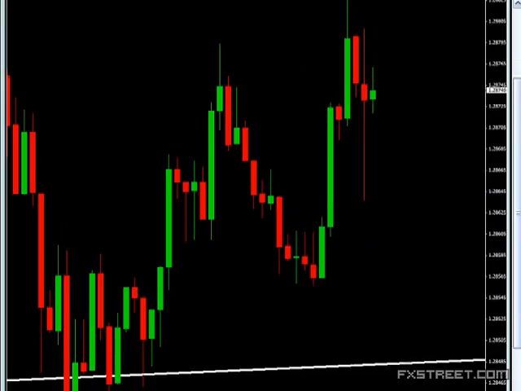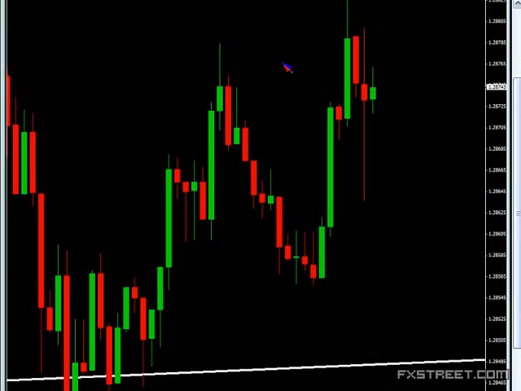Now, if it was only the euro dollar chart, if we were only looking at the euro dollar, I would say, well, maybe bad U.S. economic conditions allude to the fact that things are not going to get better in Europe either.